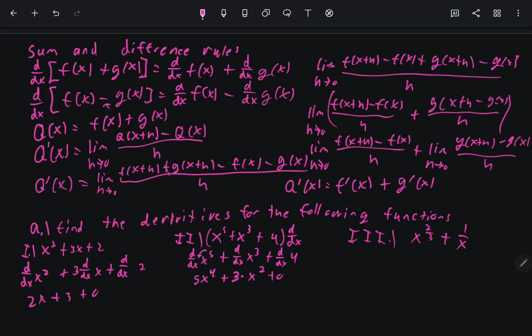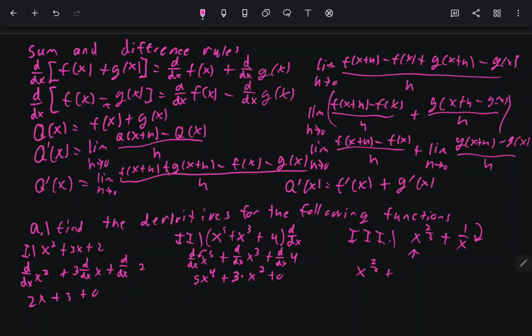Alright, for this last one, this one's a small bit more challenging, and what I'm going to say is do the algebra first. So this first part can't be simplified anymore, but doesn't need to be. But how do we take a derivative if it's in the denominator?